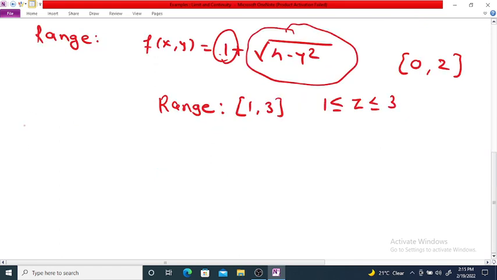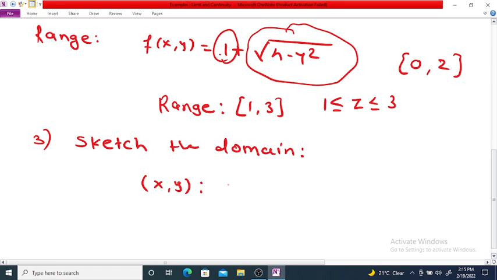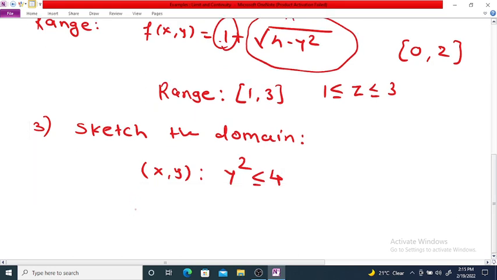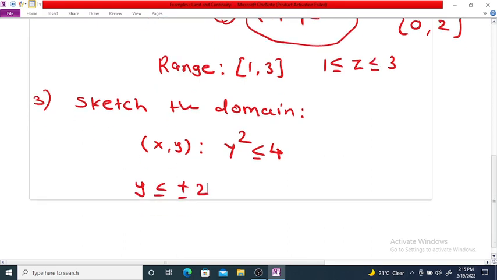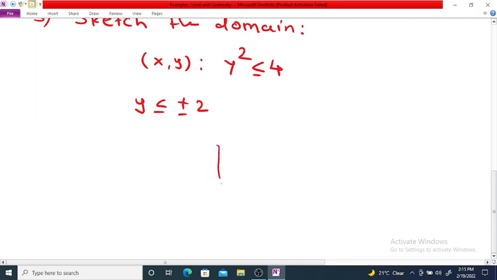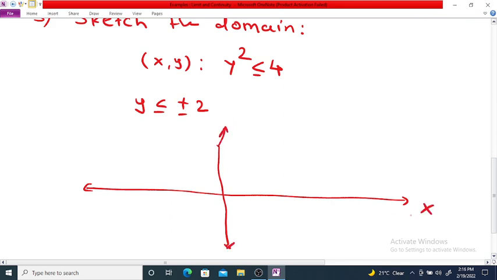And number 3, we want to sketch the domain. Here the domain is the collection of all x, y such that y square is less than or equal to 4. This implies y is between plus or minus 2. So for the sketch, there is only restriction on y, not on x. Say this is the x and y axis.